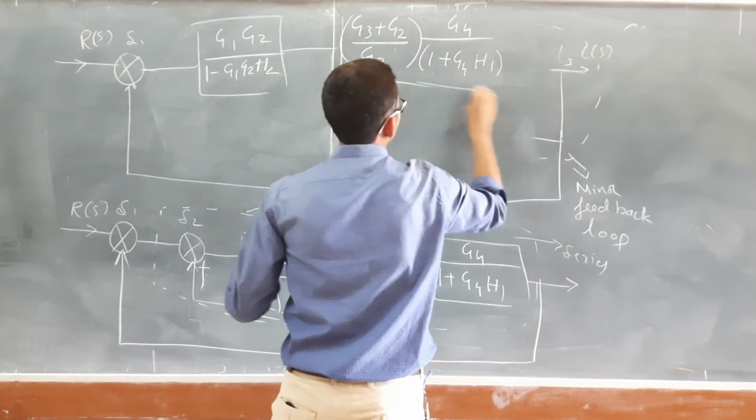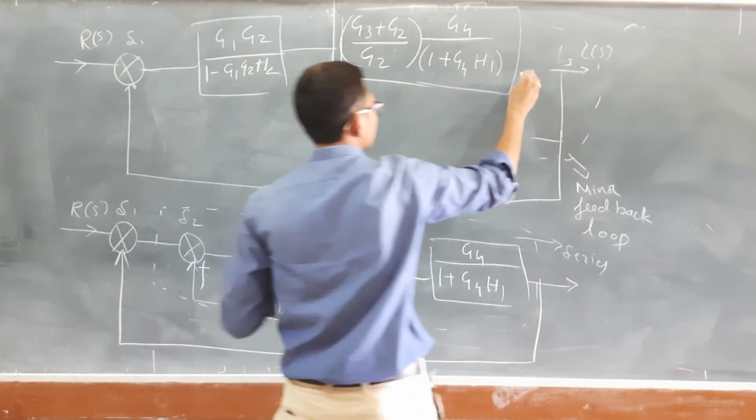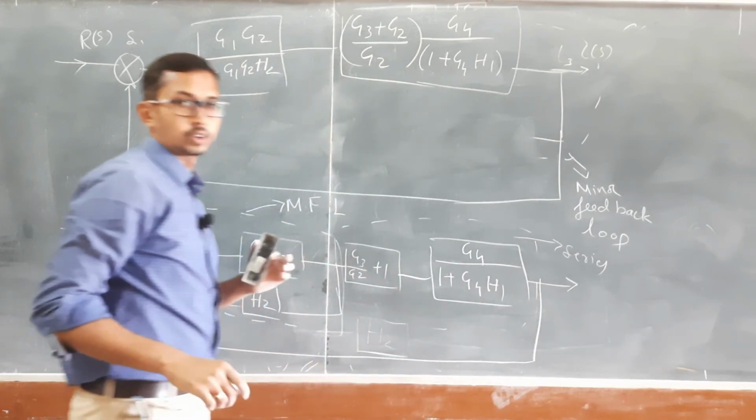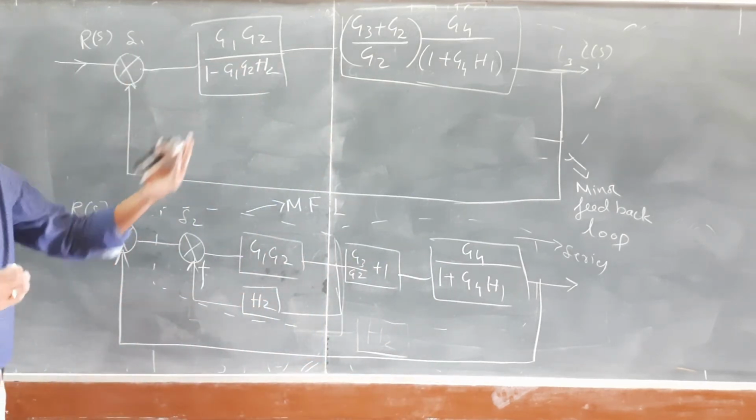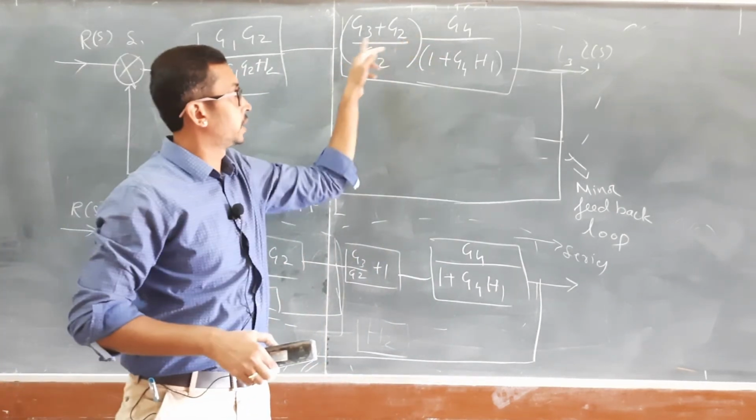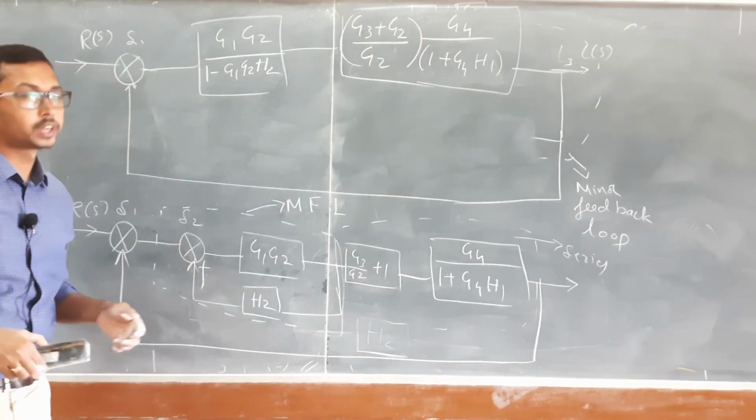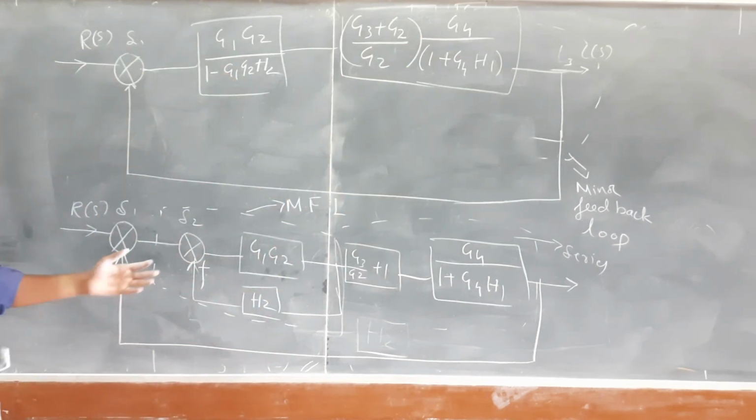Okay, so this is after multiplication. We need to reduce that one, so we need to do the simplification.